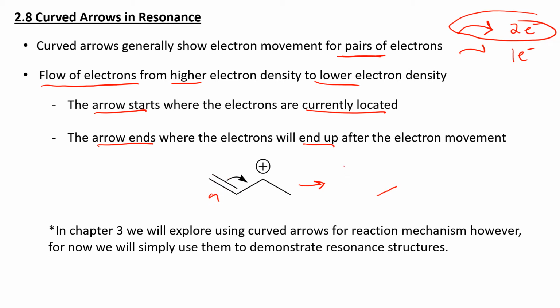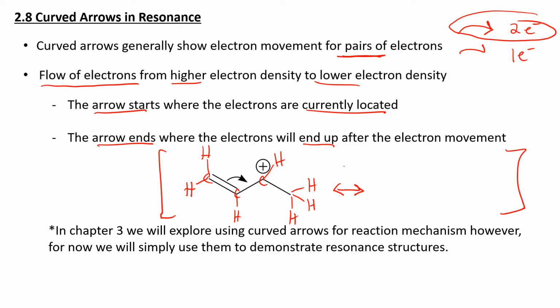Now, if you're having a hard time seeing that, let me draw the hydrogens in. There's a hydrogen there, hydrogen there, hydrogen there. We have one hydrogen here. This one has 3 hydrogens. Carbon, carbon, carbon. All right, so when those electrons move, I want to represent this. We have a carbon that had 2 hydrogens.